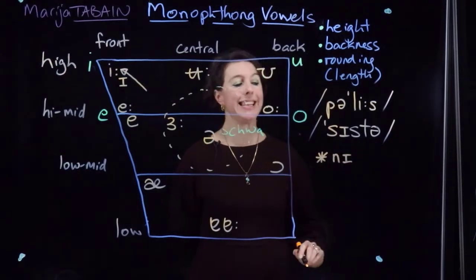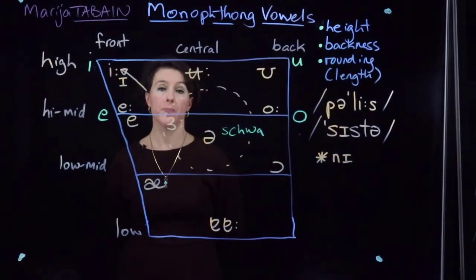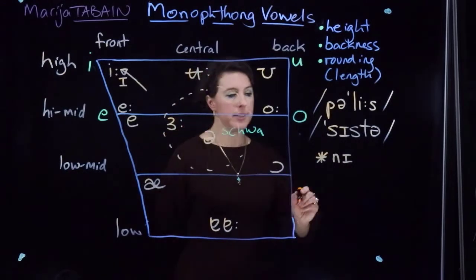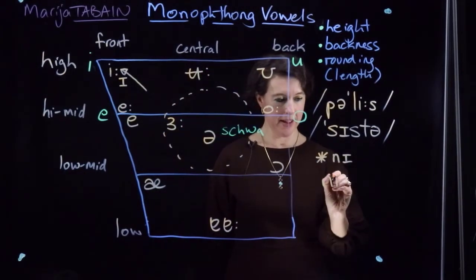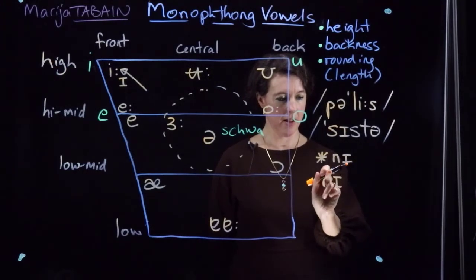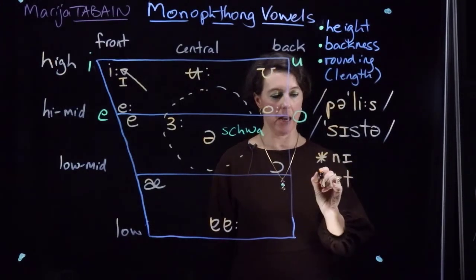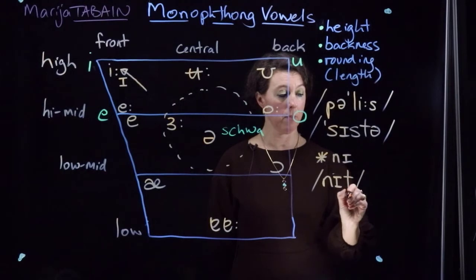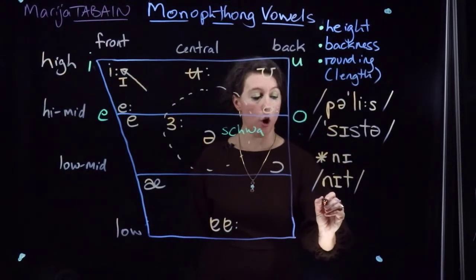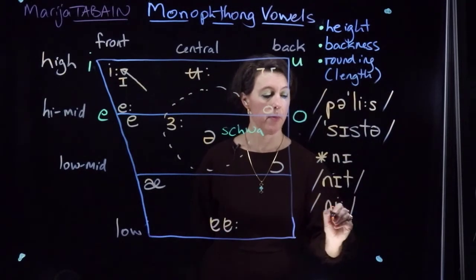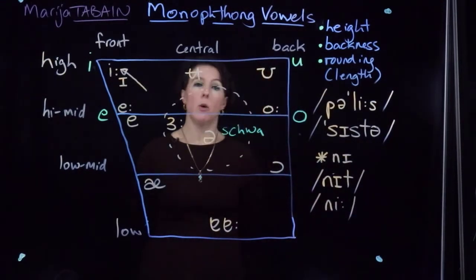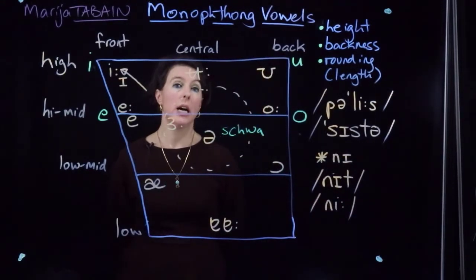So a word like ni doesn't exist in English. It has to be either knit, as in knit a jumper, or it has to be a long vowel, ni.